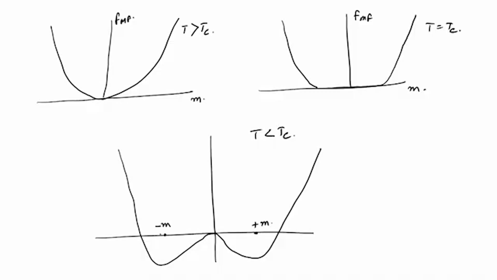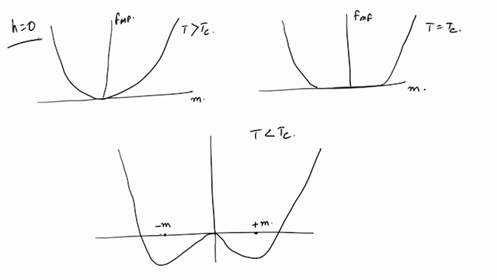And so basically if you cool the system below Tc, then the m equal to 0 solution becomes metastable, and any perturbation that the system receives will push it down to either plus m or minus m with equal probability. So now this situation changes a little in the presence of a magnetic field.